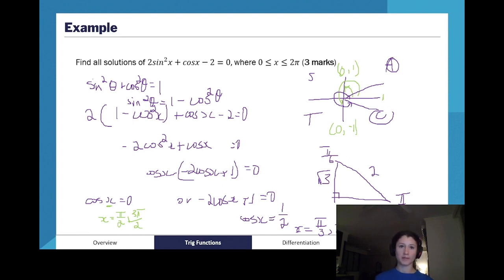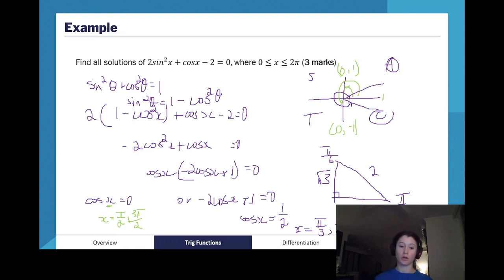So all we did is we used our Pythagorean identity and substituted that in for sine squared x, so that our equation was only in terms of cos instead of being in terms of both sine and cos. Once we did that, we factorized out cos x and used the null factor theorem to solve for each of those factors.